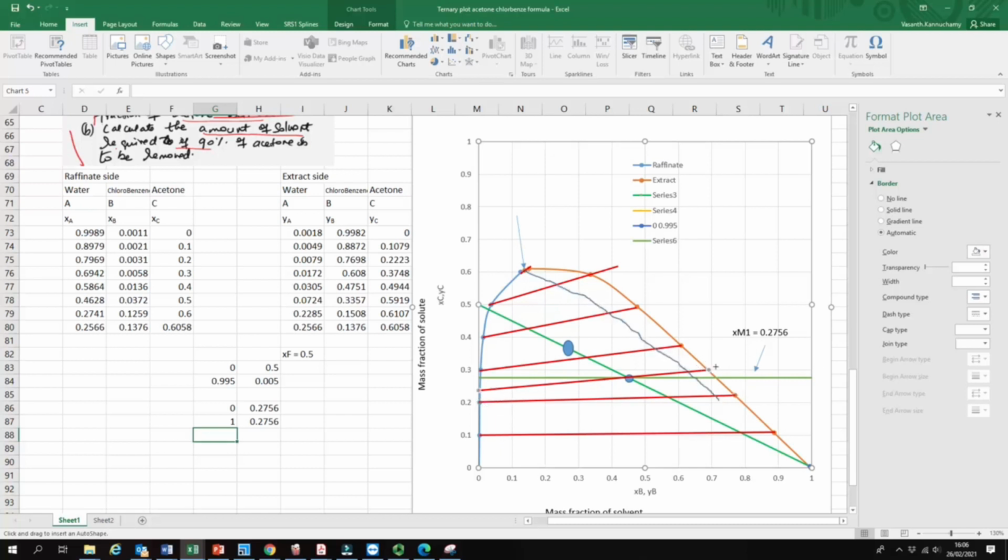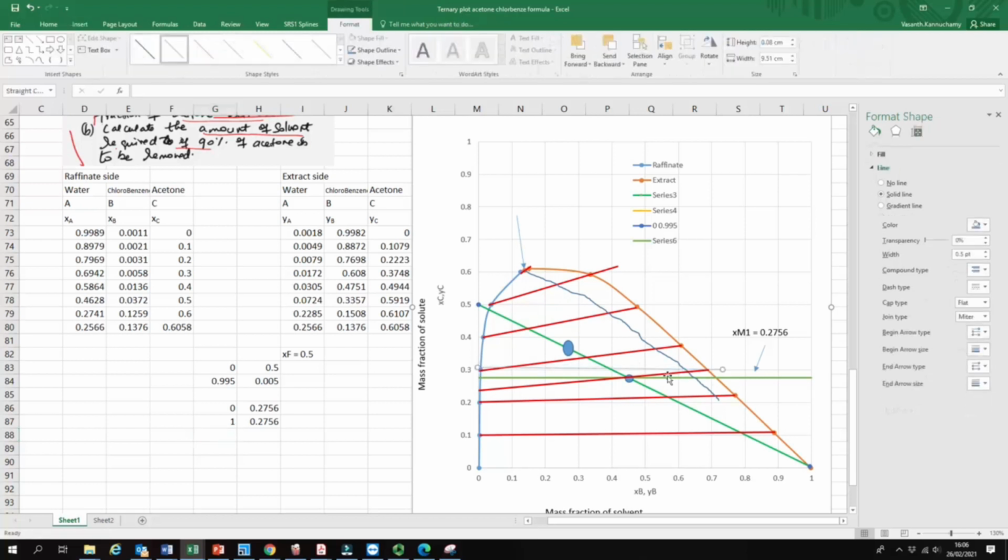So from the extract arm we know what the solute concentration at that point will be, which is roughly on the extract side. In fact, this curve should go a bit up. I don't know, so let's put it like that.